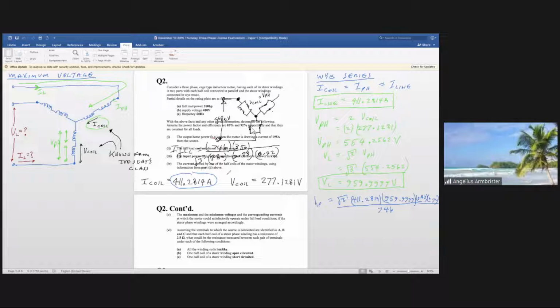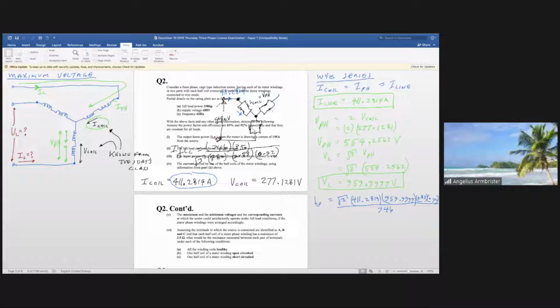This current here is the main current. I didn't divide it by 2. This right here is 411.2814, but I need to find the current here, which is half of that current. That's my mistake right there.